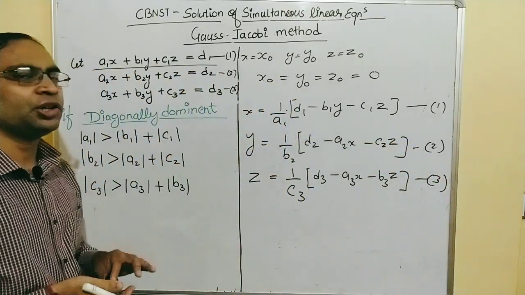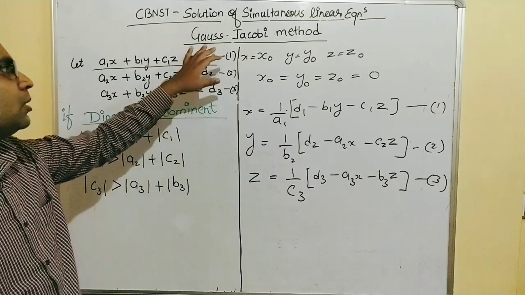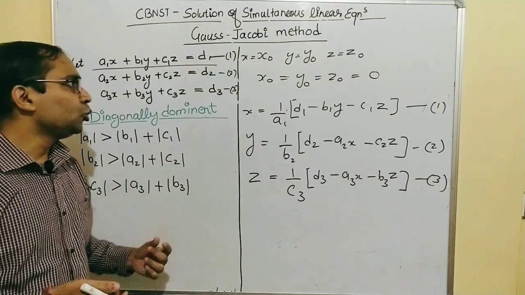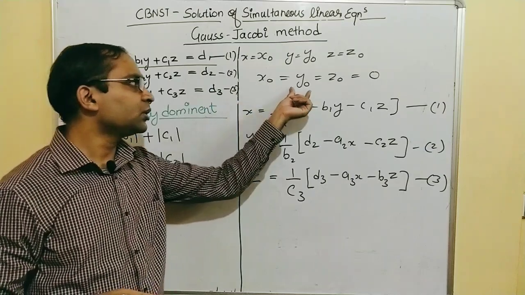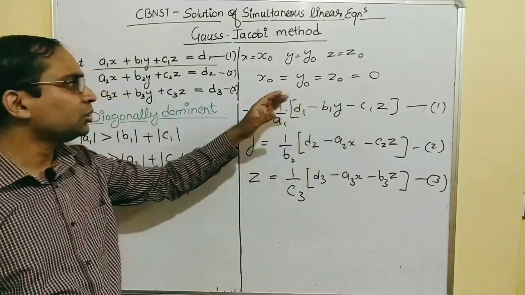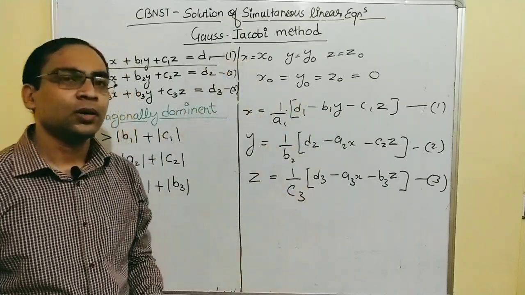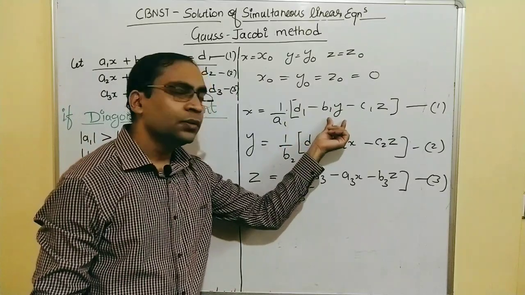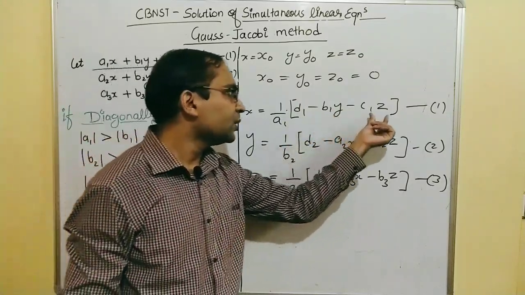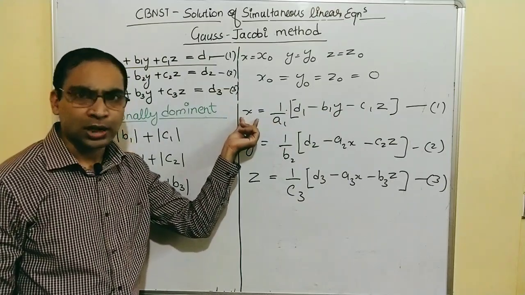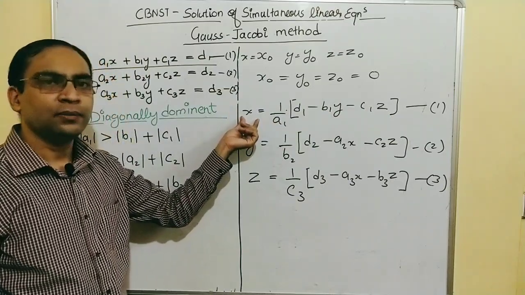So these three equations will serve as the formula for the Gauss Jacobi method. Now we need to substitute the initial values into these equations, and we will be able to find the next approximated values. Let's say in the first equation, instead of y we substitute y0 and instead of z we substitute z0, so we will achieve x1, the next approximated value.